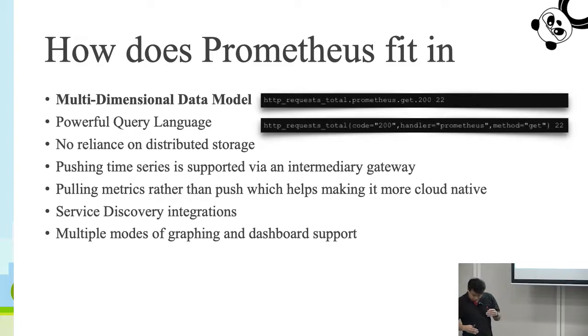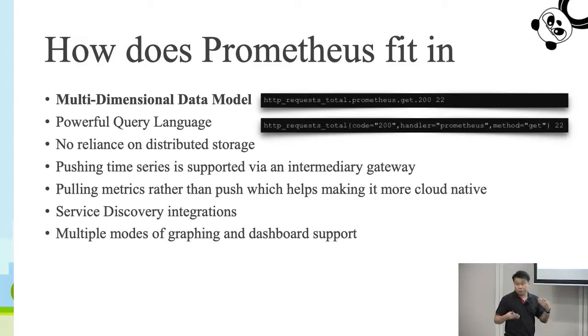Now, why is Prometheus a popular choice? If you have played with a couple of monitoring tools, you realize that there are normally two ways that you can produce metrics. One is what they call dot format, where you produce a whole format in dots to form what you want to monitor. For Prometheus, it's slightly different.